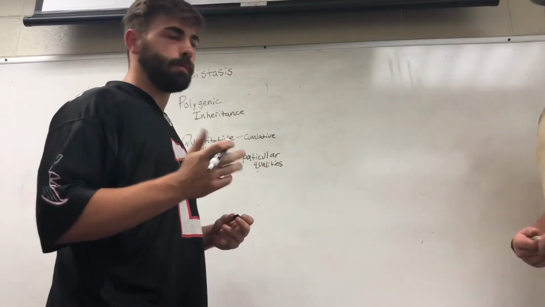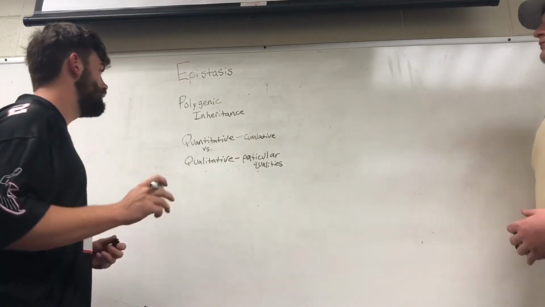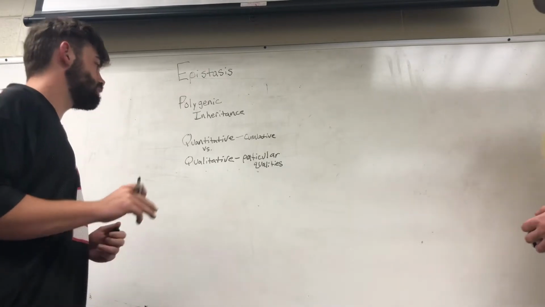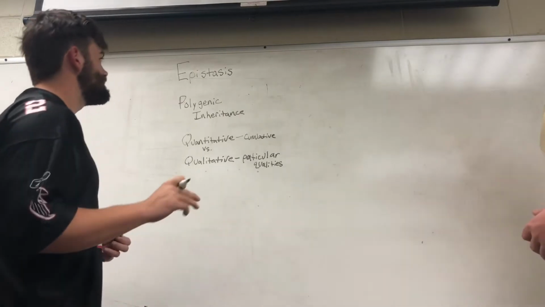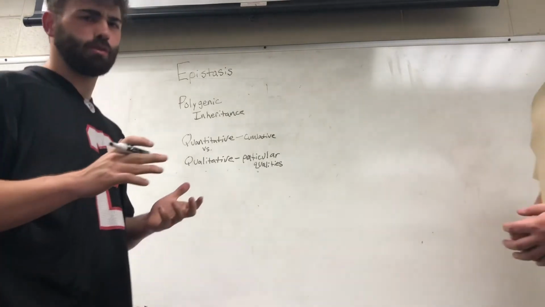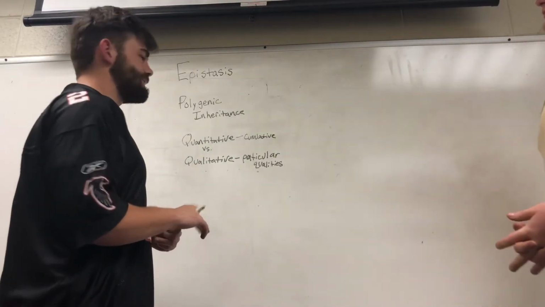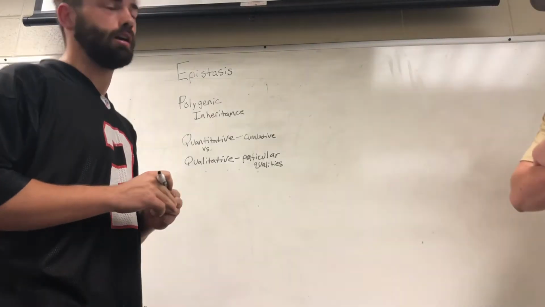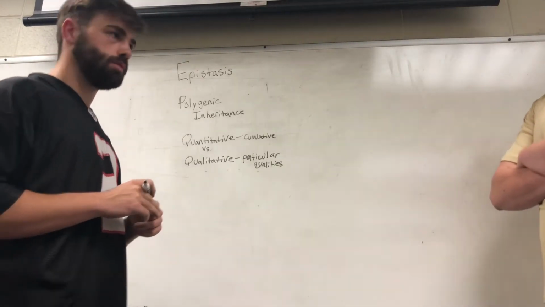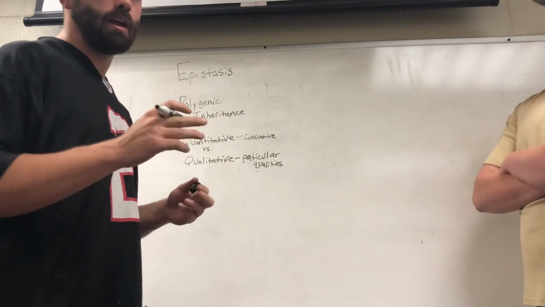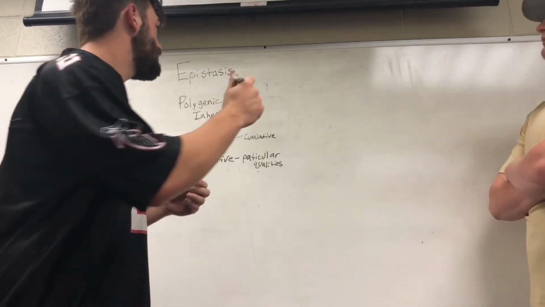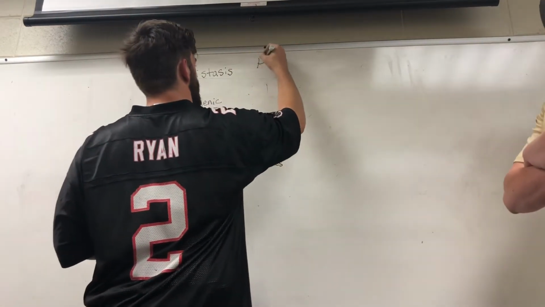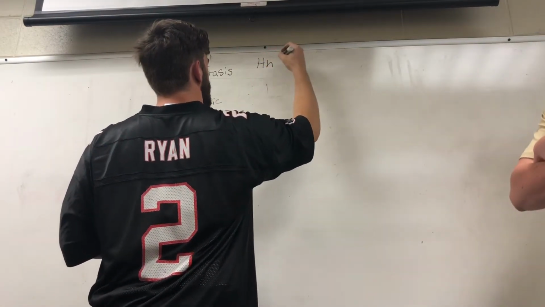So different forms of dominance would also be epistasis, polygenetic inheritance, quantitative and qualitative characteristics. So epistasis is kind of like, it's a very conditional type. So an example would be like Labradors, their coats. So it would be various differences. So like the combination of, so say H would be for fur.